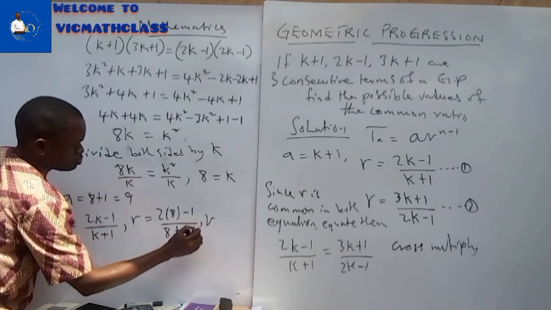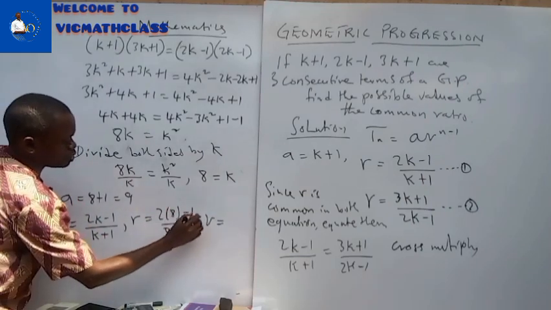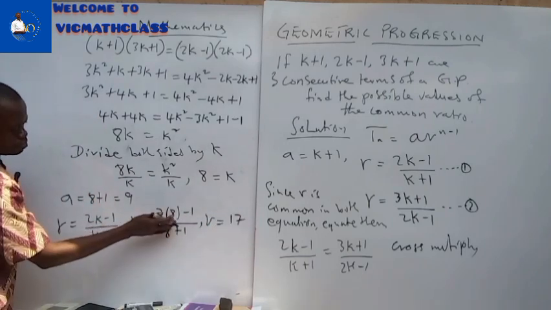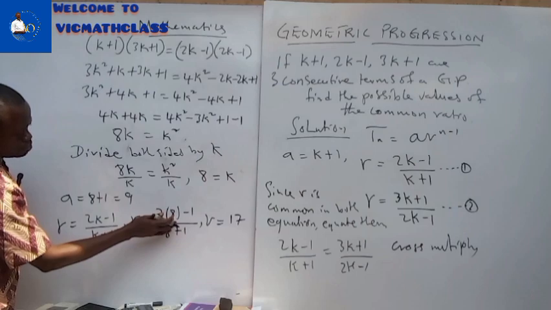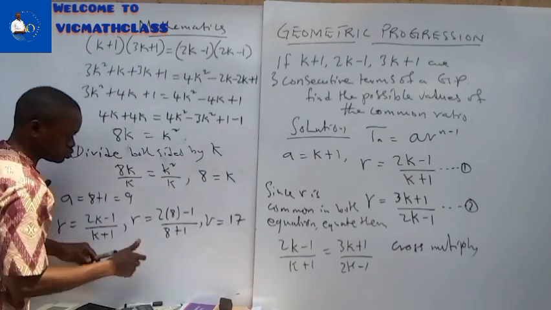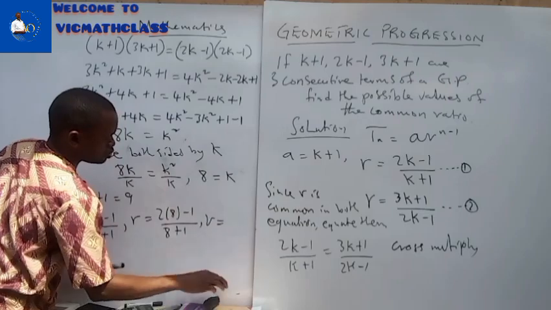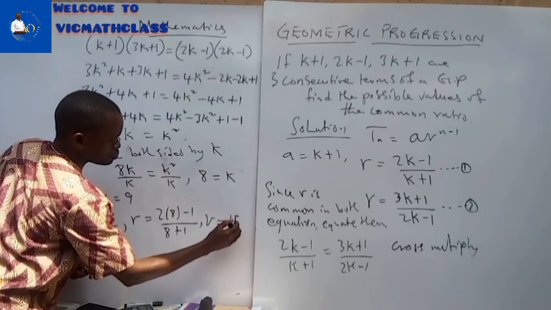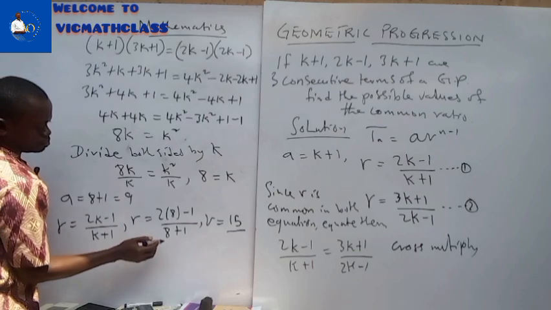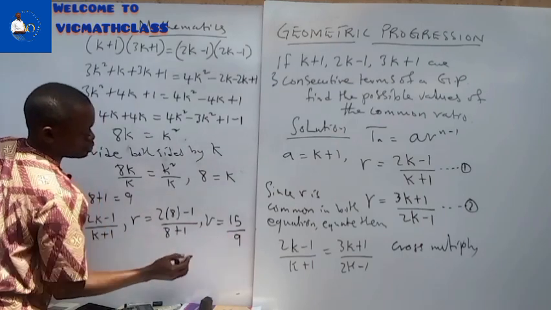So the common ratio is 16 minus 1, which is 15, all over 9.